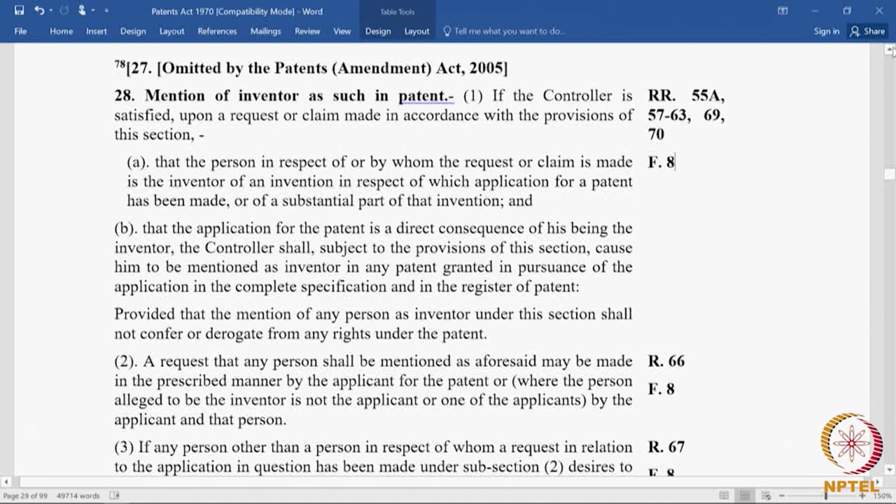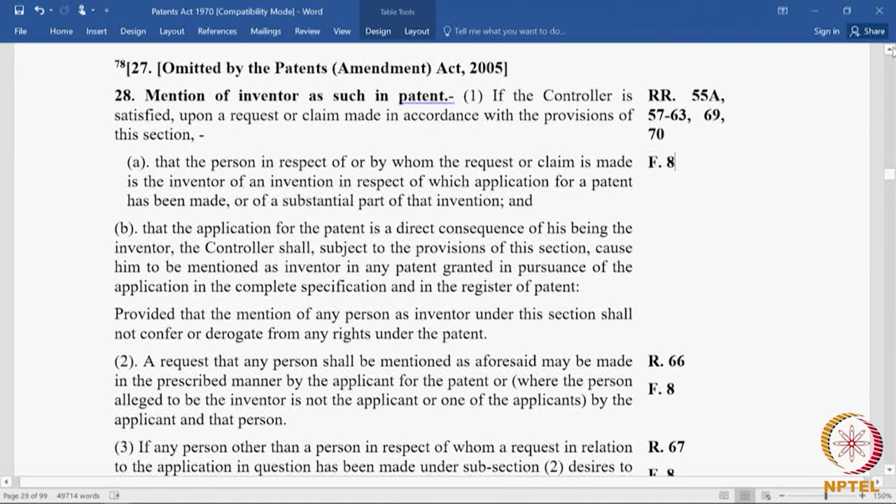Or where the person alleged to be the inventor is not the applicant. Now, this is where I mentioned the fact that you are an inventor, your right is that of a creator, whereas the applicant is the owner. So, you could create something and assign it to somebody else, as will most likely happen in large organizations where the employees create the invention, and because of their employment contract, all the inventions they come up with will now vest with the employer.